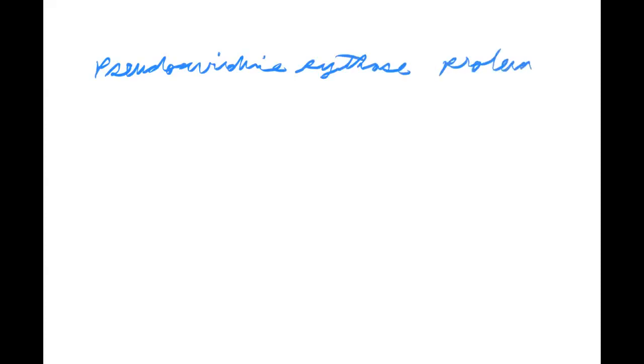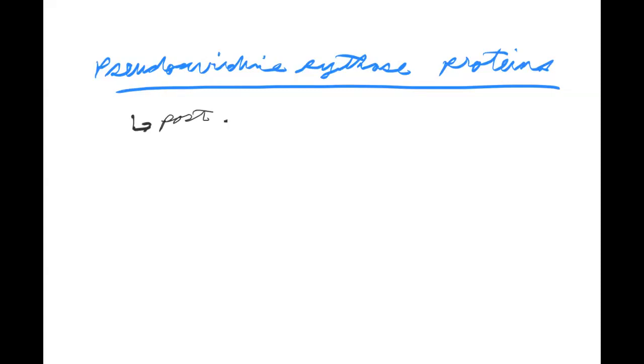There are going to be different types of the pseudouridine synthase proteins, and these all work post-transcription, like I said in the previous slide. So the RNA is created first, and then the modification of the uridine.